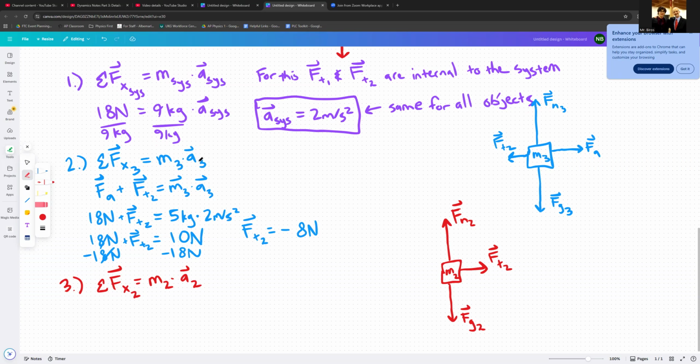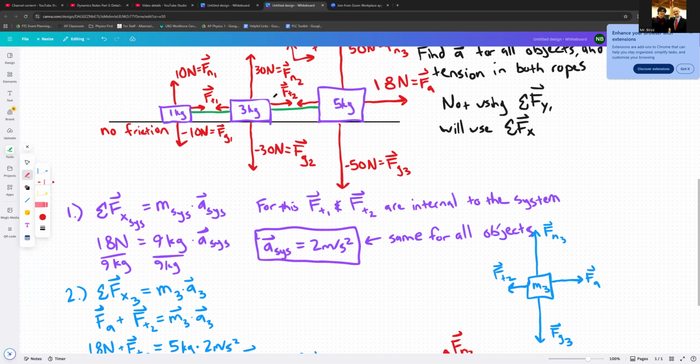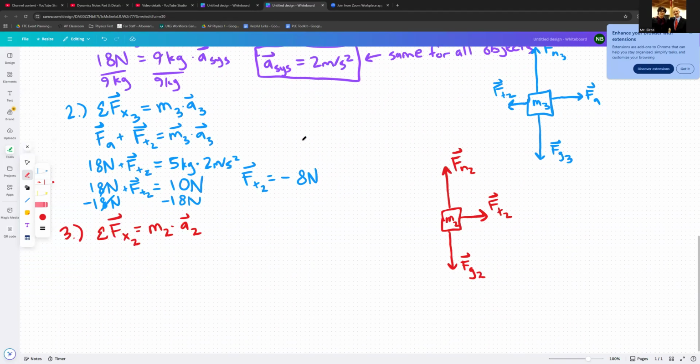So again, we'll double check our image up here. Ft2 is pulling to the right on object 2 in the middle with the 3 kilogram mass. Tension in the first rope, Ft1, is pulling to the left in the other direction. So we've got to throw that on our free body diagram. Keep in mind those tensions are no longer internal, because when we look at specific individual objects, the tension is acting from outside of that object.